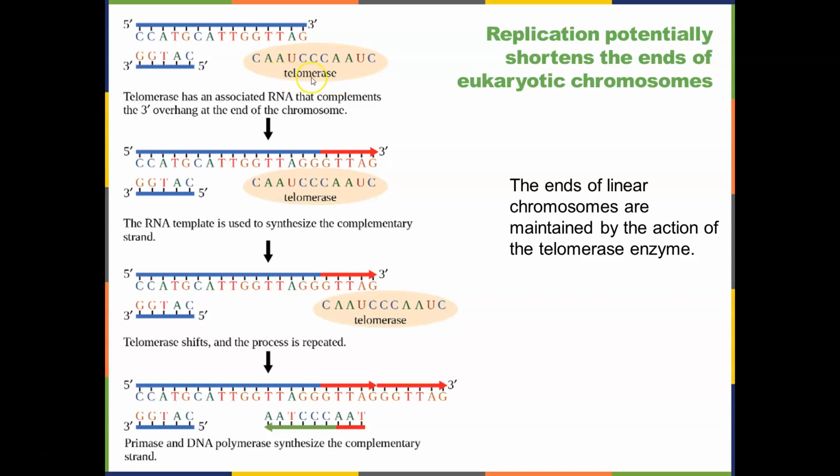And telo means the end or extreme boundary of something. So telomerase is an enzyme that can recreate the missing shortened section of the DNA molecule and rebuild that. So it re-extends the telomeres of eukaryotic linear chromosomes.